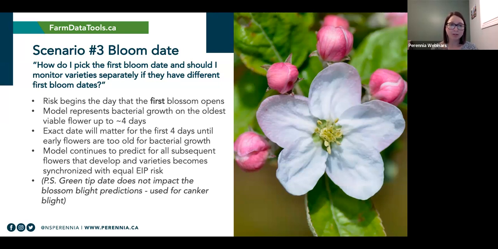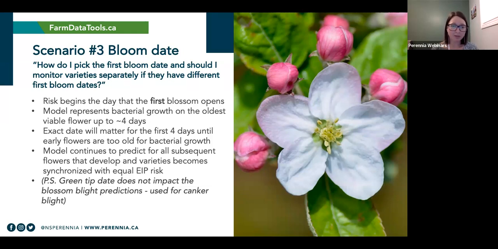So what you want to do, though, is you do want to pick the first day in your orchard that a blossom opens, because you do want your model to be able to reflect the oldest open flower and its specific infection risk. So you are picking the first day that blossoms open in the orchard.